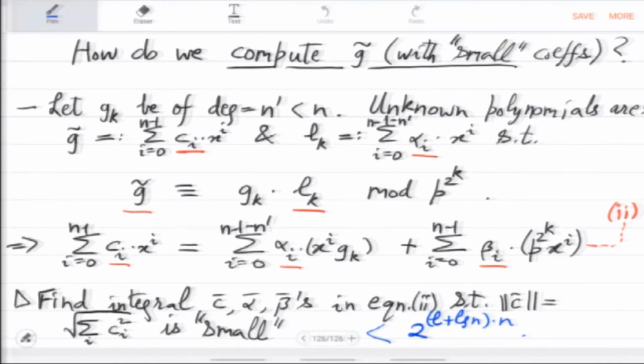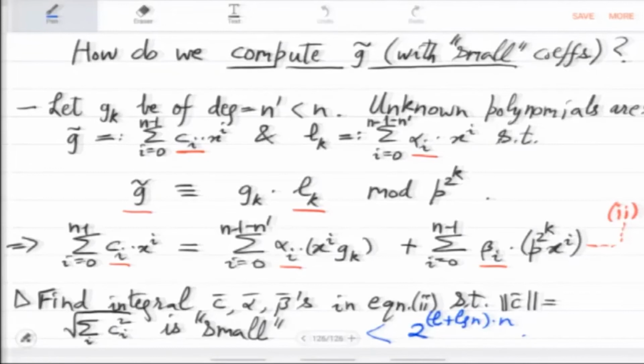Okay, so that is the question. So we have reformulated the question. You are given a linear system with the unknown variables C bar, alpha bar, beta bar, and you want an integral solution such that the norm of C bar is smaller than this 2 raised to L plus log n times n.